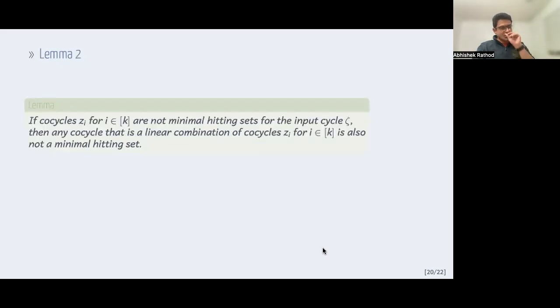The second crucial lemma is that if you have cocycles Zi for i equal to 1 to K, and none of them are minimum homological hitting sets for zeta, then any linear combination of these cocycles is also not a minimal hitting set. This also follows from the non-degeneracy of the evaluation map.